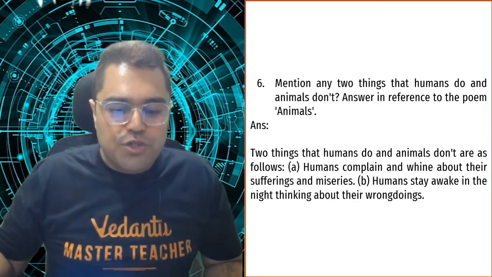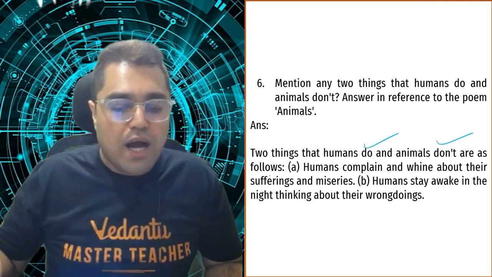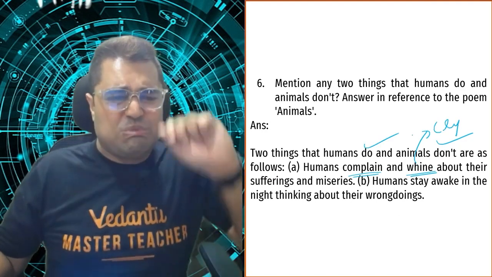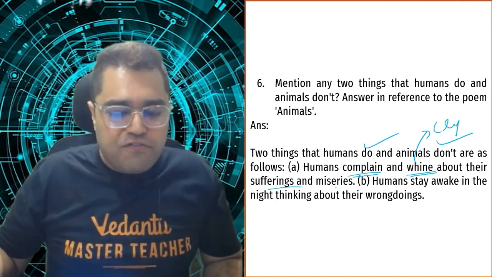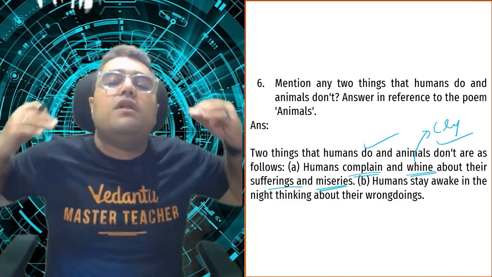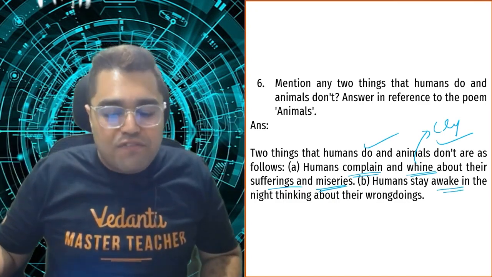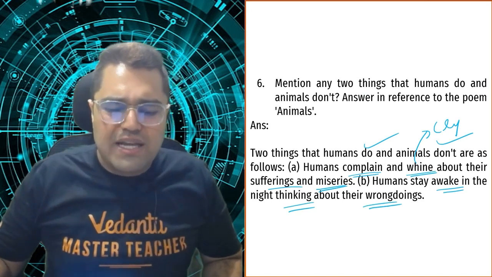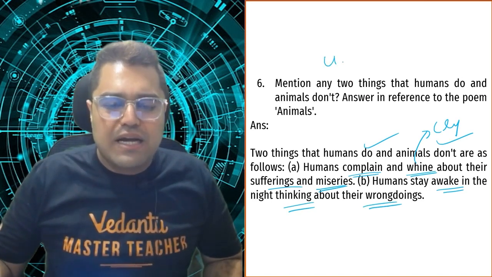Let's see. 2 things that humans do and animals don't are: humans complain and whine. People, whine means cry about their sufferings and miseries. 100%. Oh my god, as humans we love to do this. Humans stay awake in the night thinking about their wrongdoings. You can also say that humans are never content.